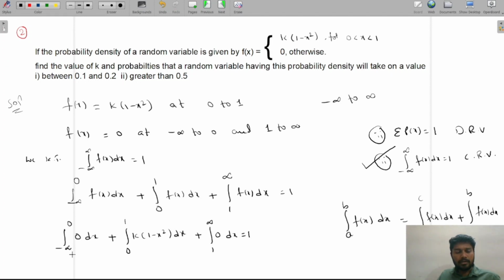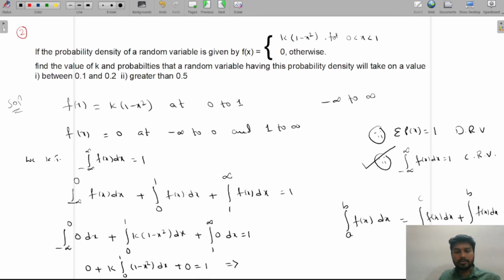Next, integration of 0 is 0 plus, here k is constant, so keeping it outside, integration 0 to 1, 1 minus x square, I'm keeping it as it is, I'm not changing anything, plus again integration of 0 is 0 dx, equal to 1.